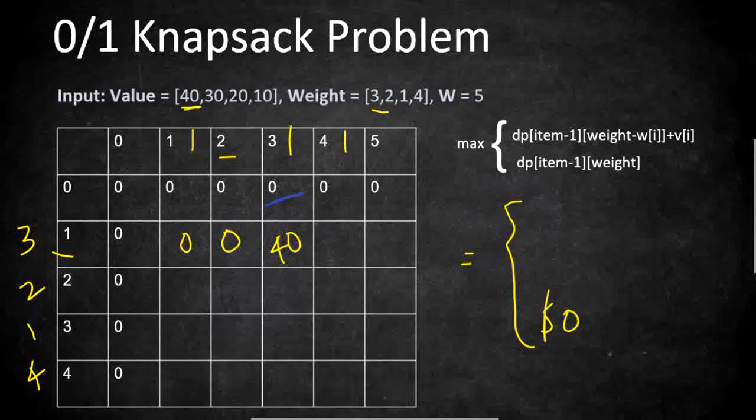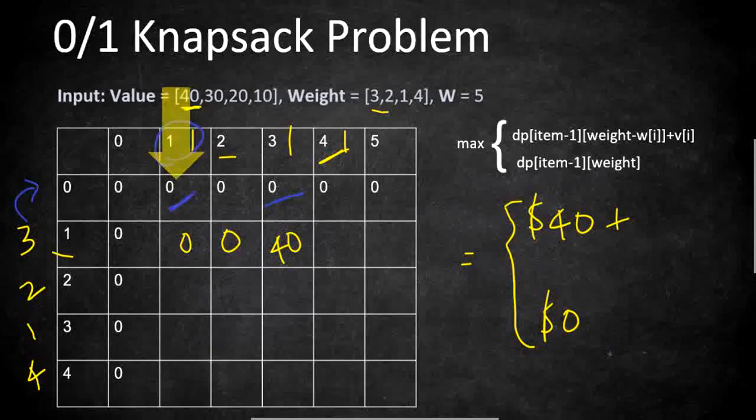If we are picking the item, the value we are going to get is 40. Plus, if we are picking the item of weight 3 and the maximum capacity is 4, you still have 1 kg left in the bag to fill. In this case, you can pick any item of weight 1 kg. Go directly to the cell in the previous row of weight 1.